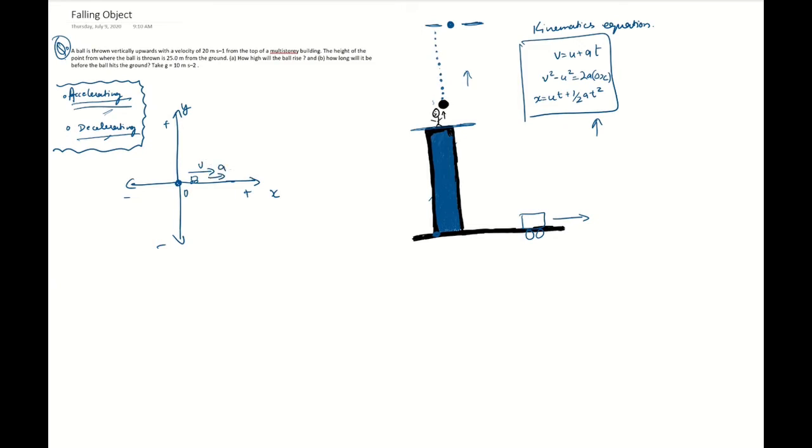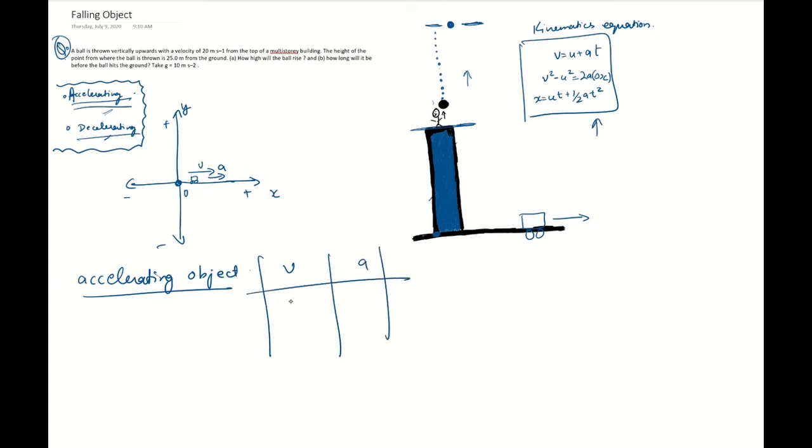When the velocity and acceleration happen in the same direction, we say that an object is accelerating, right? So an accelerating object is when the direction of velocity and the direction of acceleration are the same, so both are in the same direction. So if it's in the positive x direction, the acceleration is in the positive x direction.